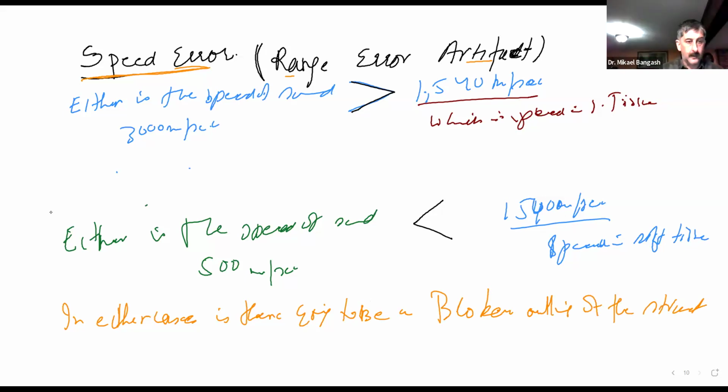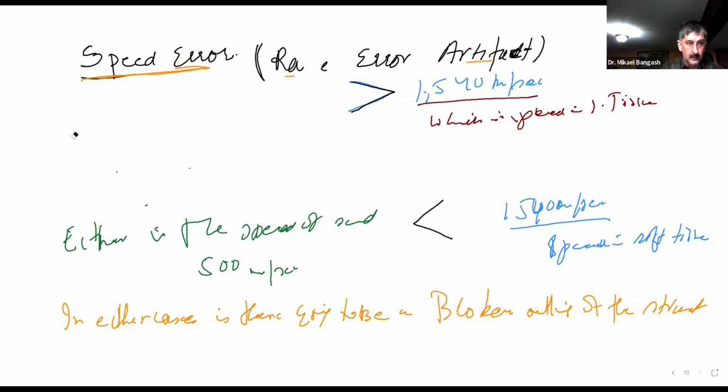Now let us do it this way, guys. Say the speed of sound is greater than the speed of sound in soft tissues, and we said, for instance, 3,000 meters per second.